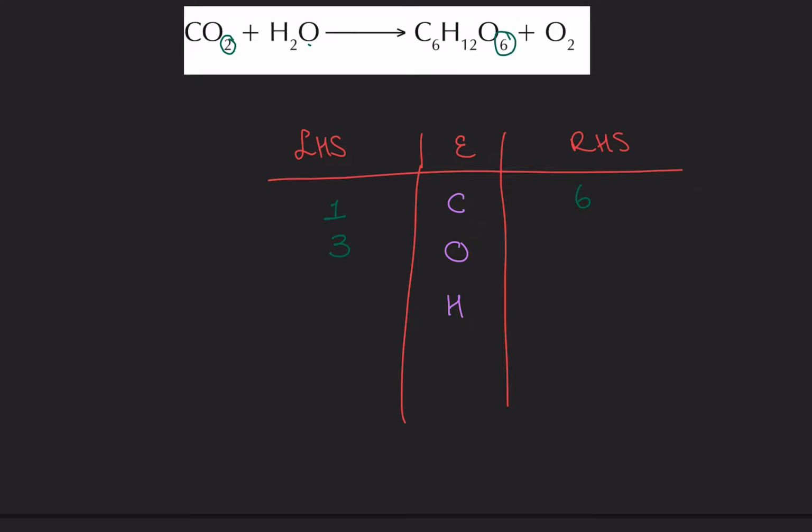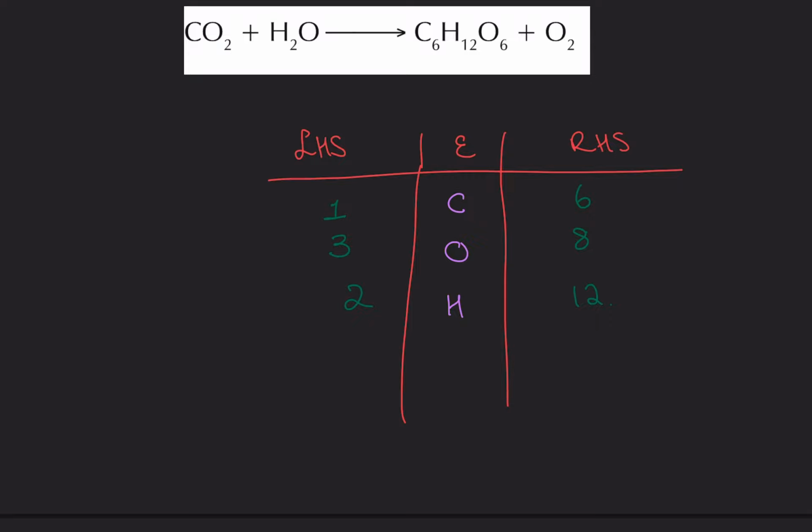I have 6 plus 2, which is 8. So again, an imbalance present there. The last one, hydrogen, I have 2 here and 12 here. So we can see it's not like the last one. We need to work with our ratios to try and make it balanced.